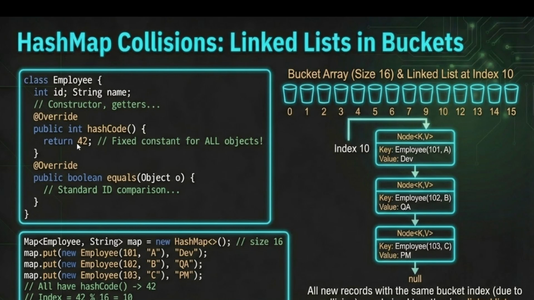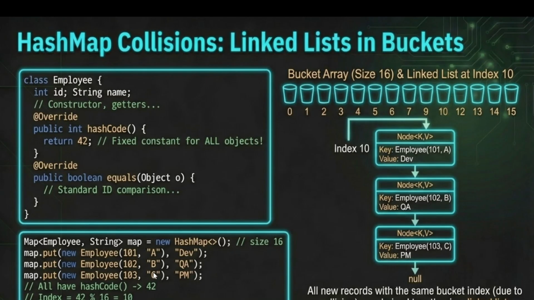Why? Because it is generating the same hash code. With this hash code, it will generate the index as 10. For every object it will be the same index. So it will sit in the same bucket, index 10, as a linked list.